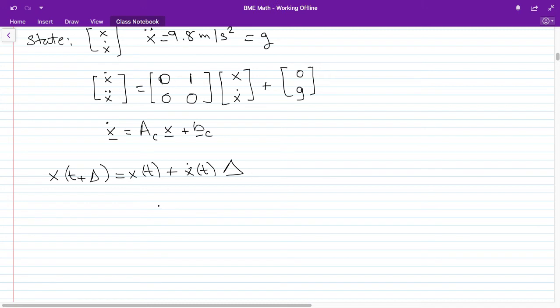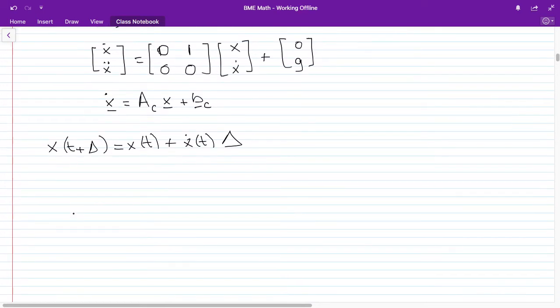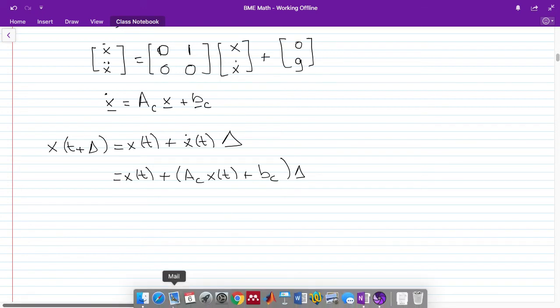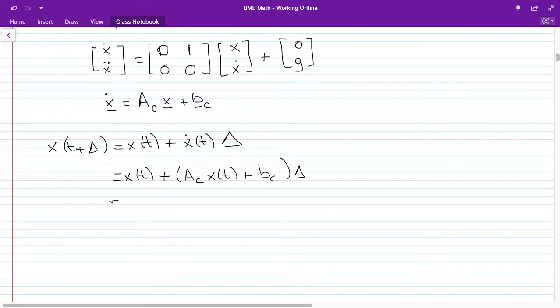So I want to write my equation of dynamics, instead of in this continuous form, in a discrete form. So let's see if I can do that for you. So that's equal to x of t plus x dot. Here it is. X dot is A C times x of t plus B C times delta. Delta is just some small time, scalar, that we're talking about.